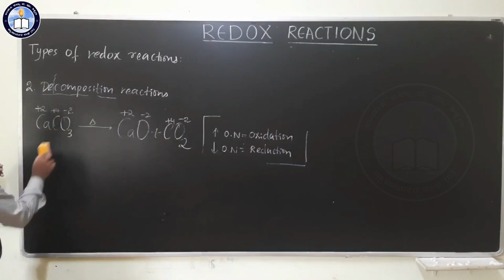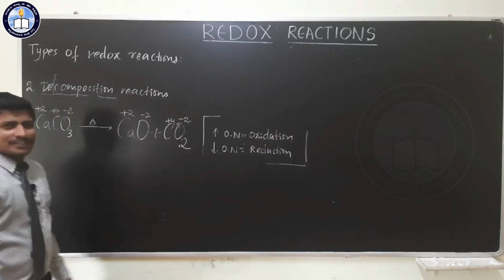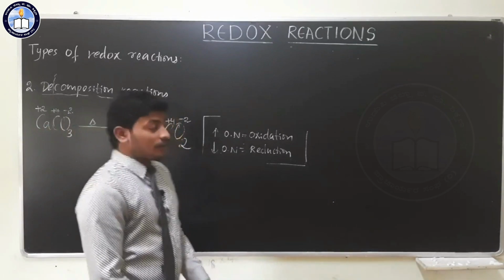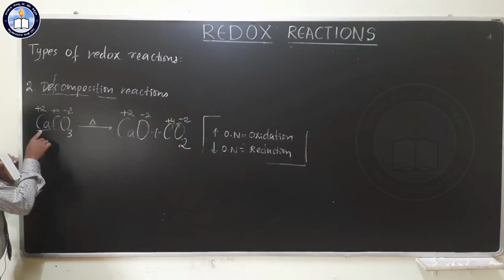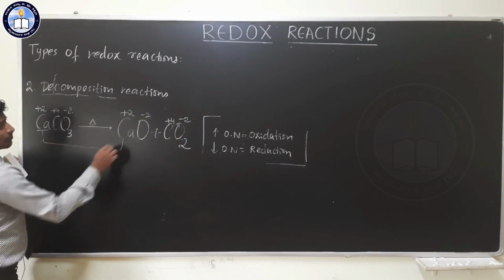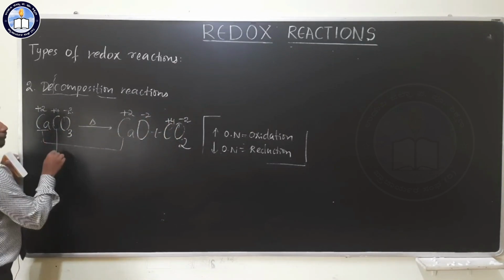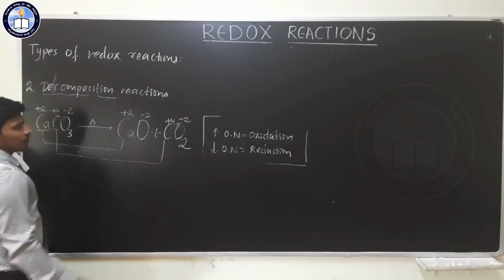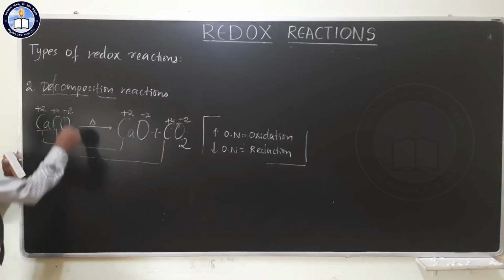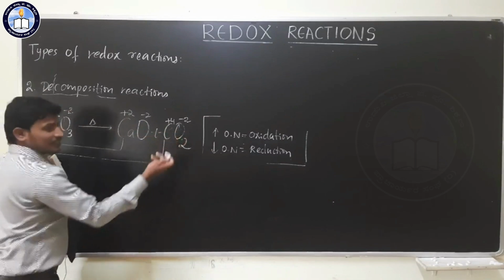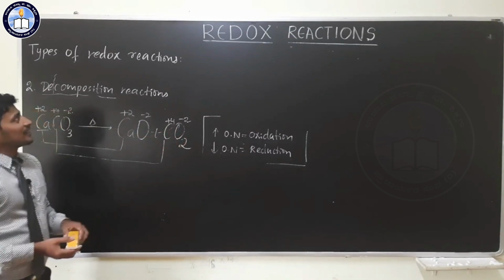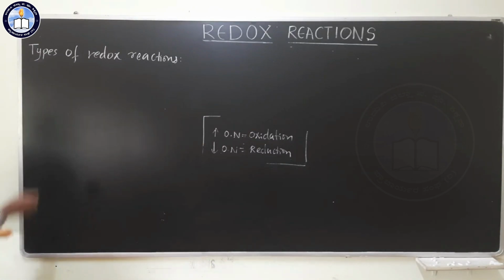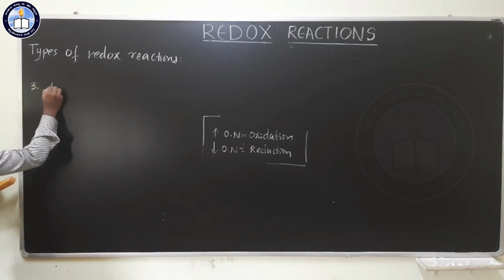This is also an example of a decomposition reaction, but it is not a redox reaction. Why? Because calcium is in +2 oxidation state here and also +2 there, carbon is +4 to +4, and oxygen -2 stays the same. There is no change in oxidation number, so definitely it does not come under redox reactions.